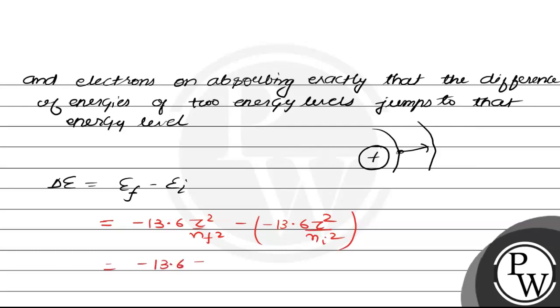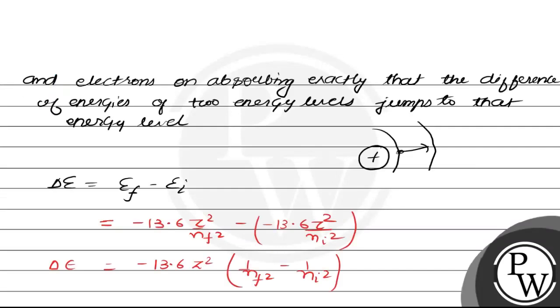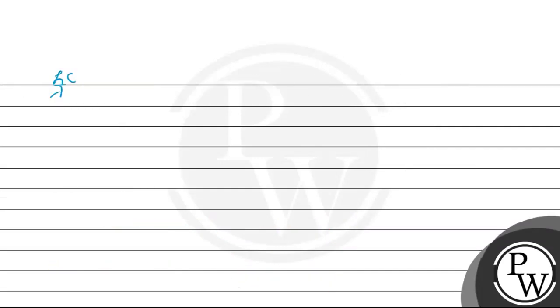So taking minus 13.6 Z square common, this is 1 upon n final square minus 1 upon n initial square. The value of delta E we can write as hc upon lambda, because this is exactly that amount of energy which is absorbed from the radiation, equals to minus 13.6 Z square into 1 upon n final square.